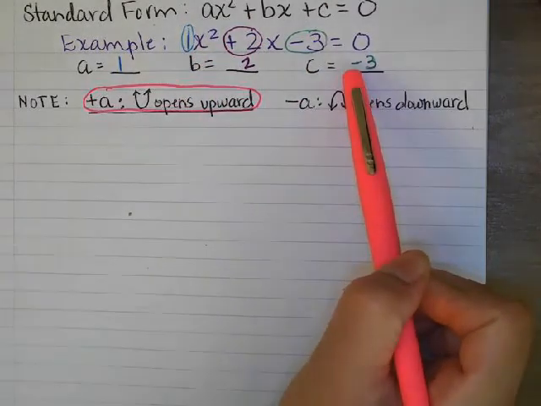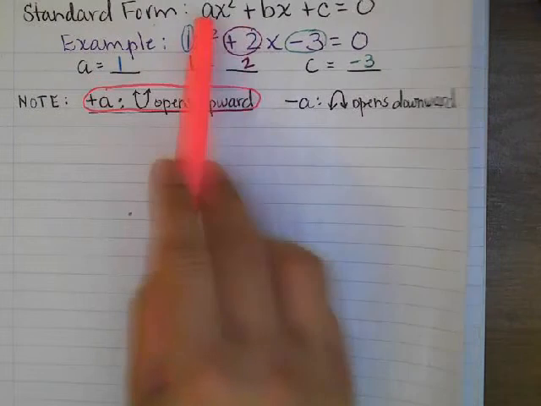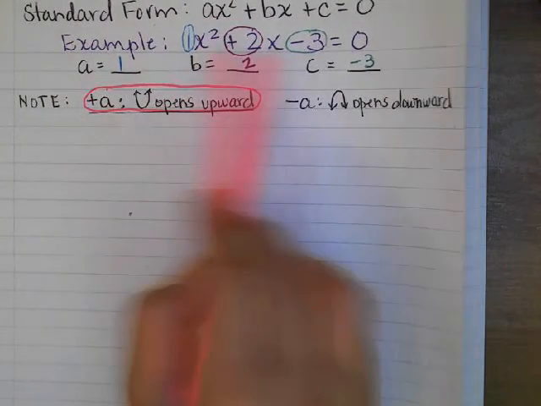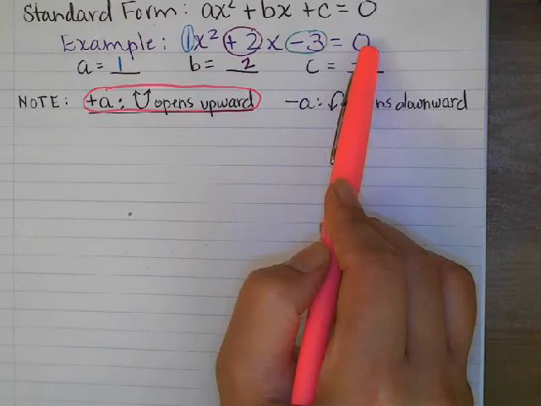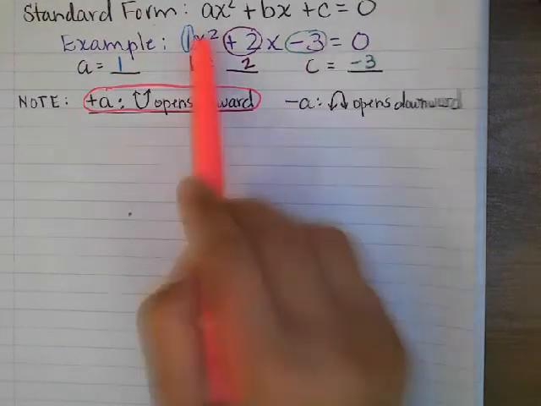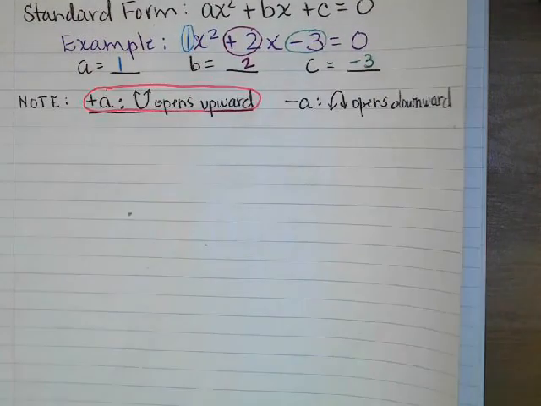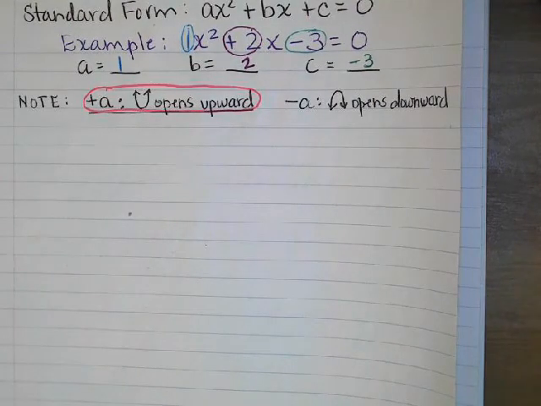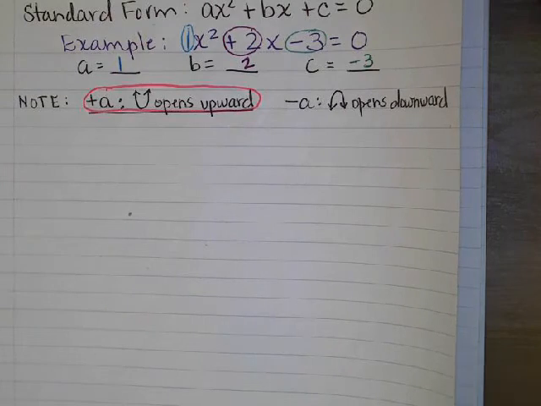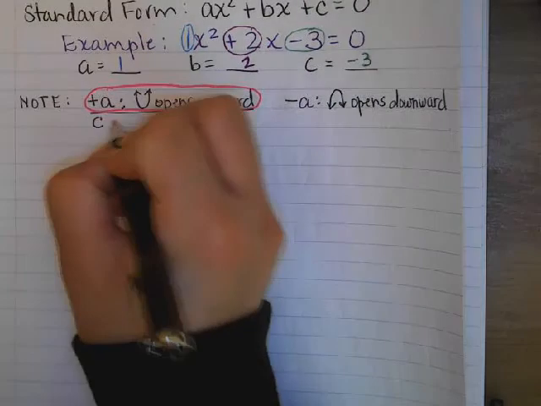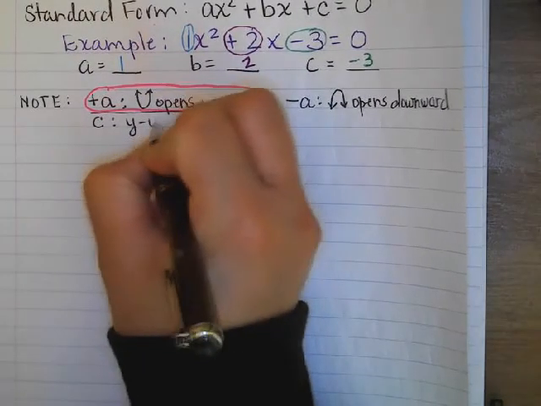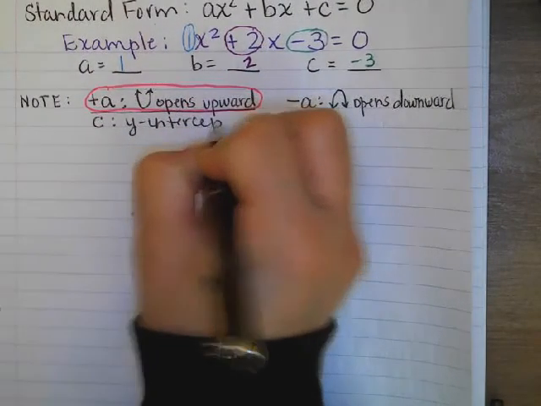I'm going to go to this one because this one's super easy, okay? Whenever you're given a standard form quadratic, whenever you see all the numbers on the left and nothing on the right, that's standard form. Whenever you're given that kind, always go look at the c, because the c is always your y-intercept.